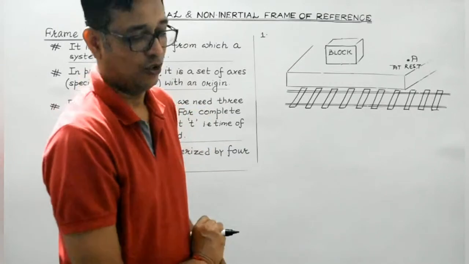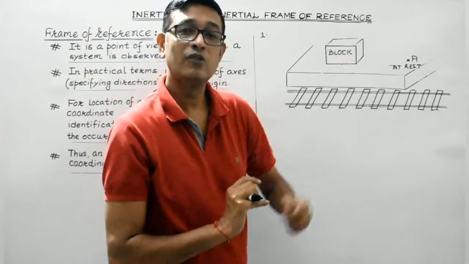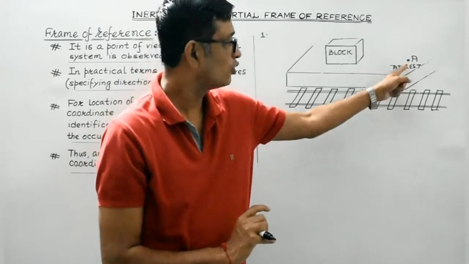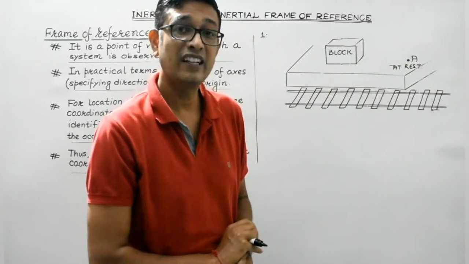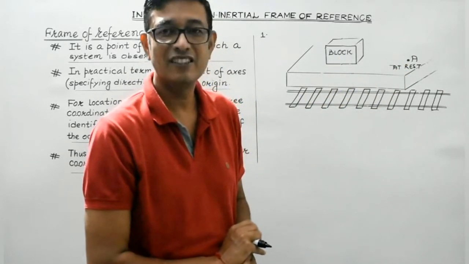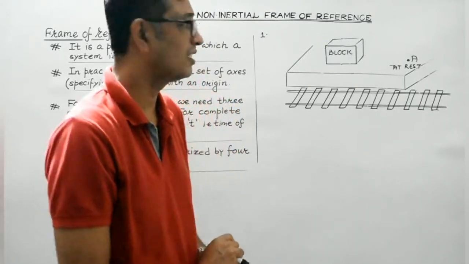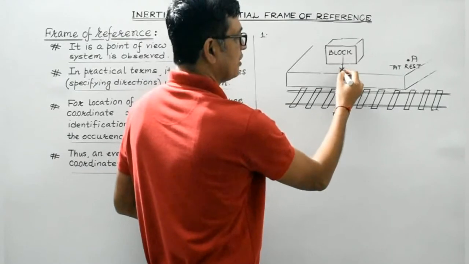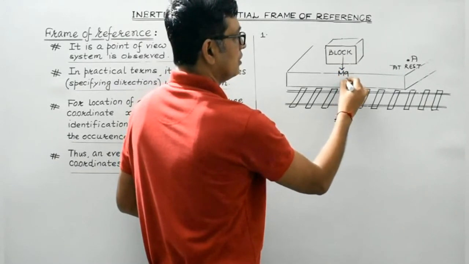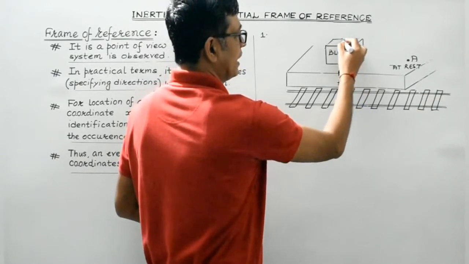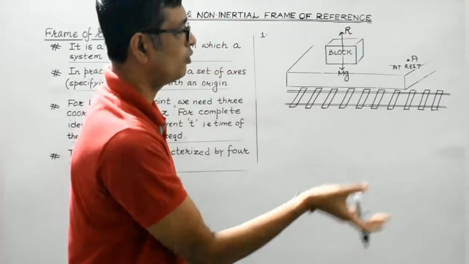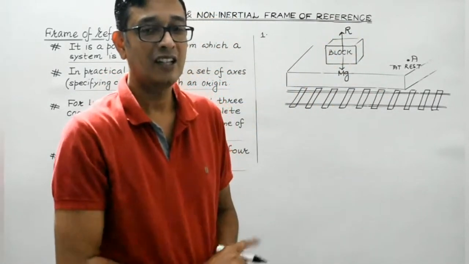Now, from A's point of view, if he wants to describe this block, he will say that the block is at rest, which is perfectly correct, isn't it? Net force acting on the block is 0. Its weight mg will be balanced by the normal reaction which is exerted by the platform on the block in the upward direction.